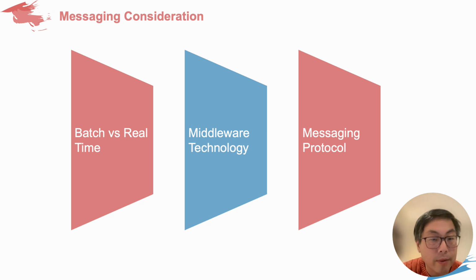These are the kinds of things we need to be aware of. And last is the messaging protocol. As I said, REST, SOAP, what is the format, JSON or XML? These are the considerations we need to look at when we are implementing the inbound and outbound messages.